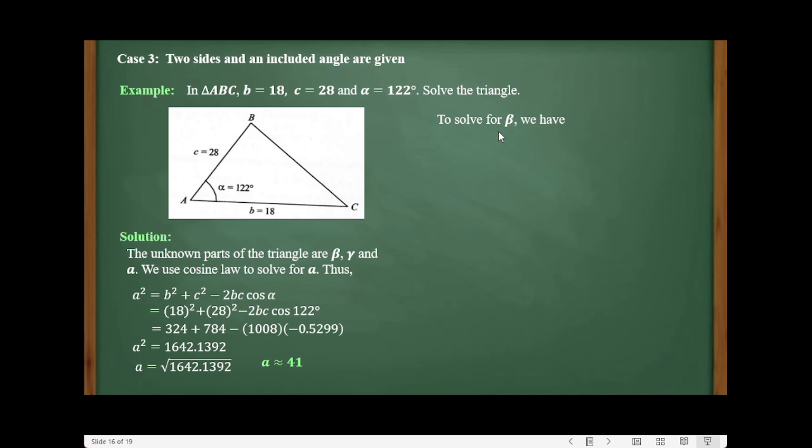We solve for the measure of angle beta, the angle from point B or vertex B. So here we use this formula. Actually, this is taken from the law of cosines being transformed to solve for cosine of beta. So that is equal to a squared plus c squared minus b squared all over 2ac.